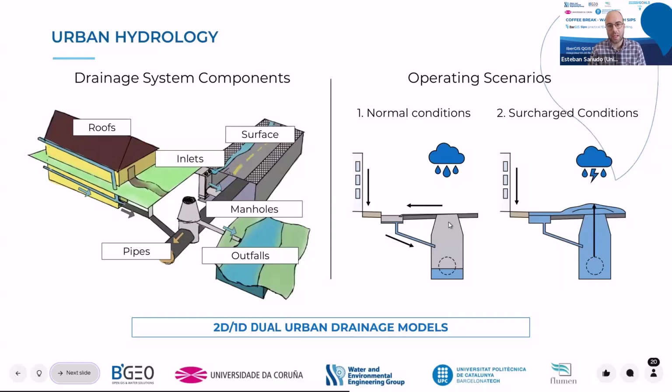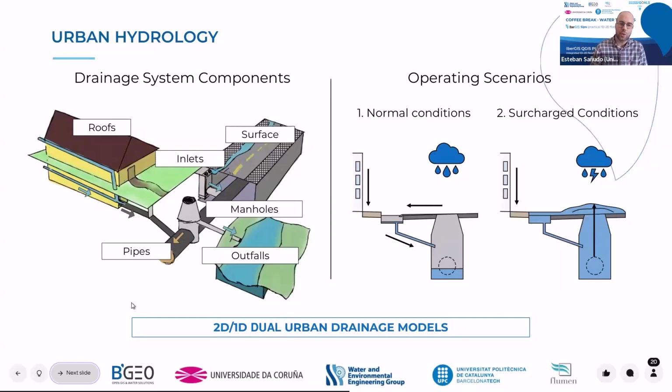Another operating scenario is the surcharge condition, when the sewer network is not able to drain the surface runoff and spills over the surface.